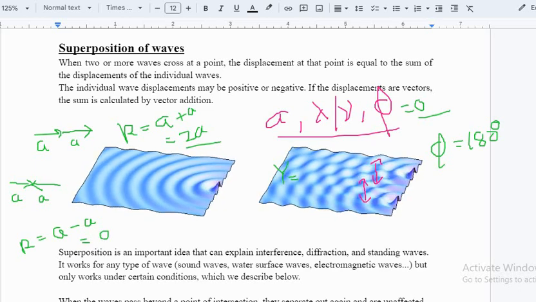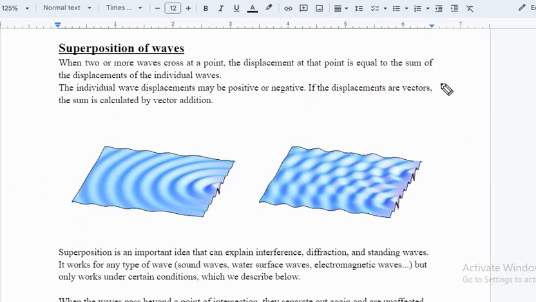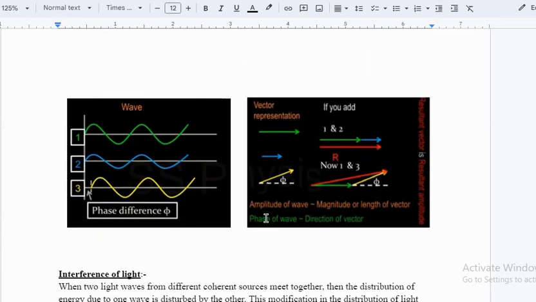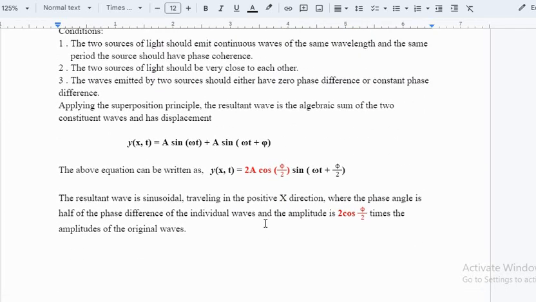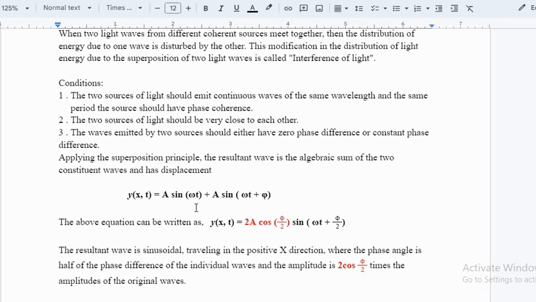Now just to see this by using some mathematical expression. We are assuming the wave as A sin omega t and the other is A sin omega t plus phi.